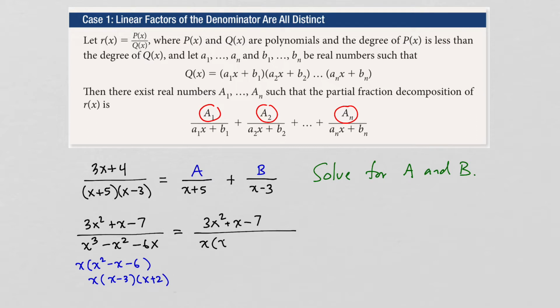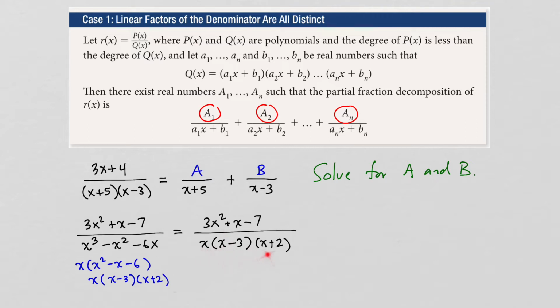So if I put that in here now, you should notice that this denominator is composed of 3 distinct linear factors. Distinct just means they're all different, and linear means that they are all x to the first power.